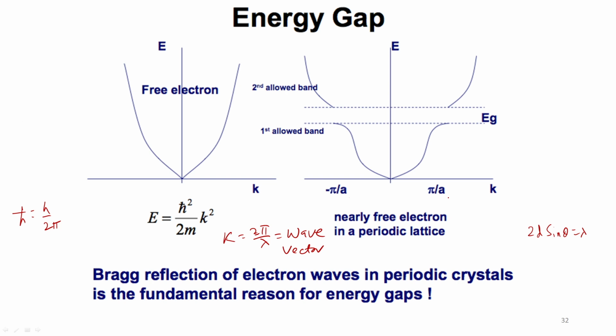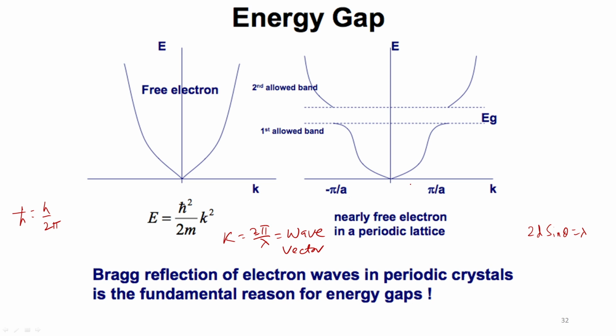The atomic arrangement is periodic, electrons will undergo diffraction or Bragg reflection, and therefore you get different allowed bands. A band means the range of energies which the electron can take up, for the free electron, by the way.